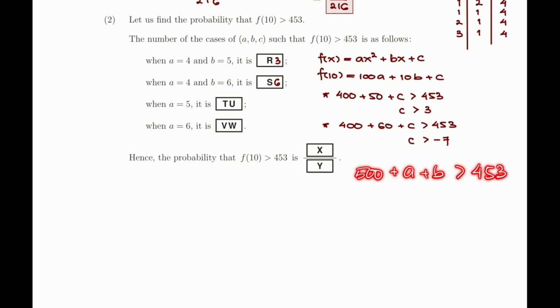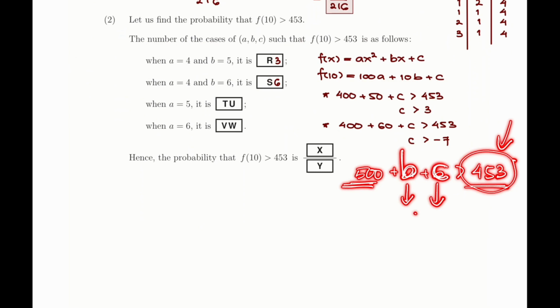Since 500 is already greater than 453, no matter what number you obtain for b and c, it will always be greater than 453.